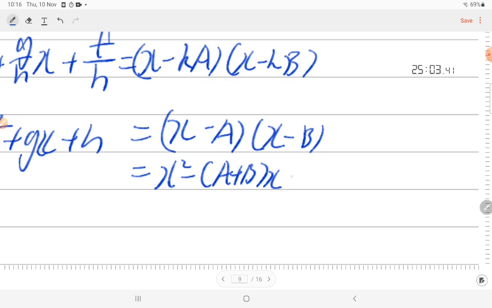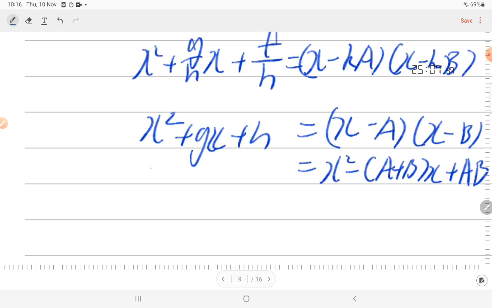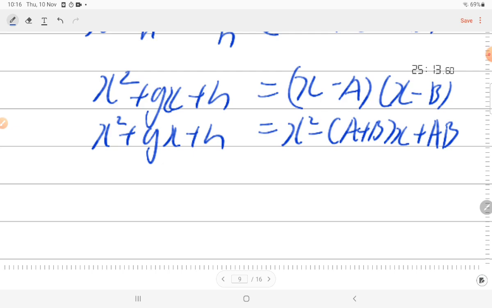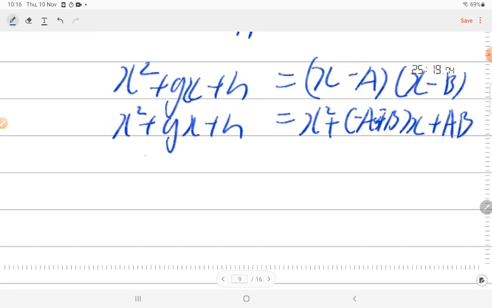The algebra was really hard. Square plus g is h, which actually we want to change to negative. g is equal to negative (a take away b), and h is equal to ab.